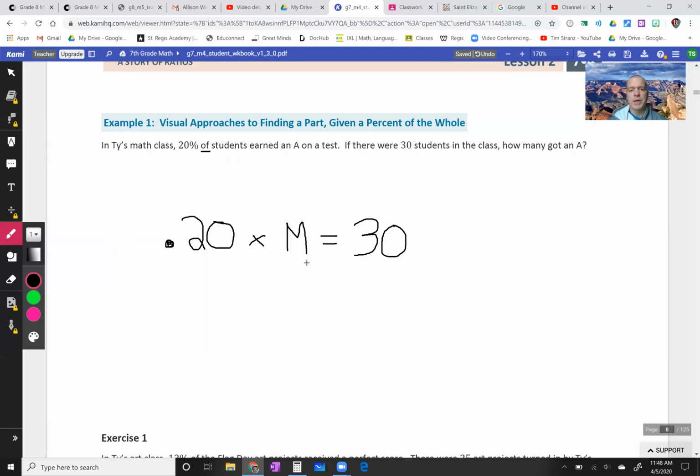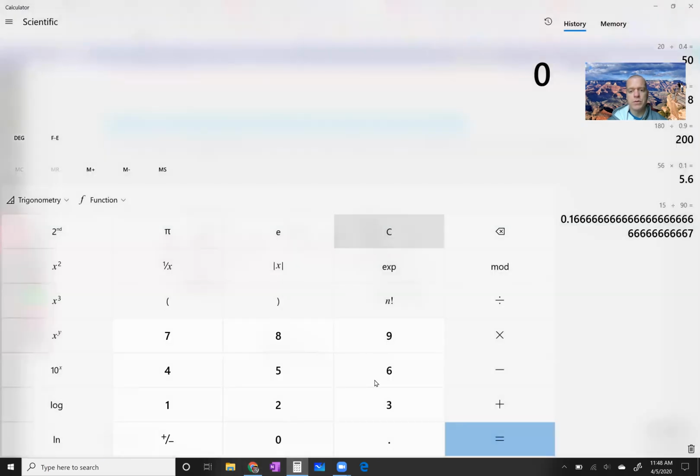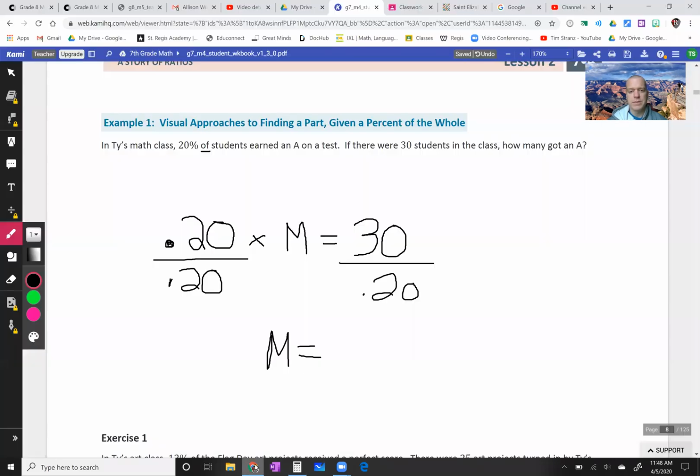So how am I going to get m by itself? I need to divide again by 0.20. That will tell me that m, which is the number of people that got an A, equals 30 divided by 0.20, which is 150.